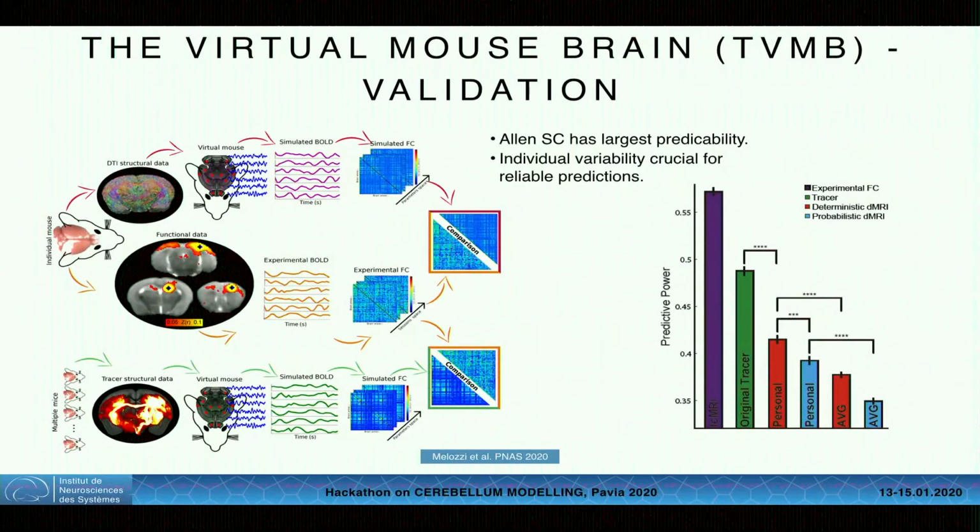And what's important is, for example, the first bar here showing the scan-rescan correlation. So for the same animal, in 2 different sessions, the correlation is around 0.6. So if we are trying to model the functional connectivity now, there is no point for our model to reach higher than 0.6, right?